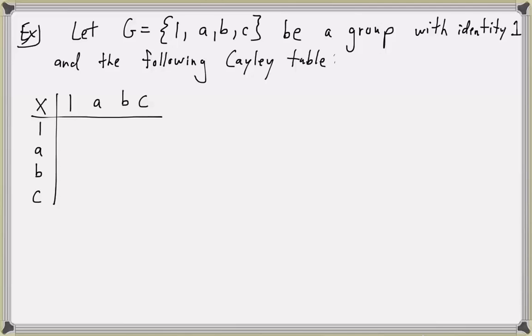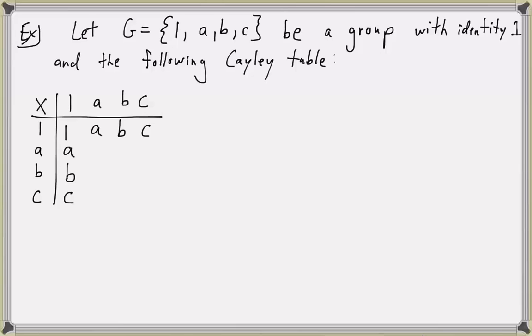Clearly the first row, 1 times 1 is 1, 1 times A is A, 1 times B is B, and 1 times C is C. In the first column, A times 1 is A, B times 1 is B, and C times 1 is C.